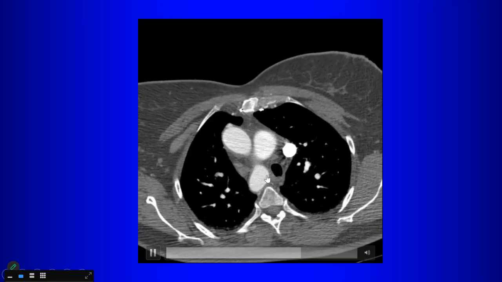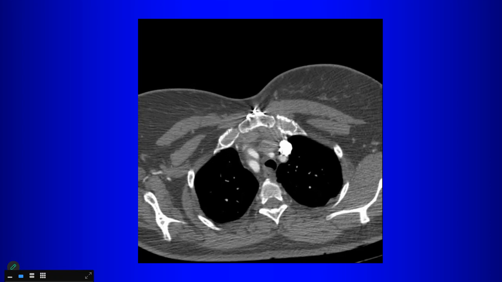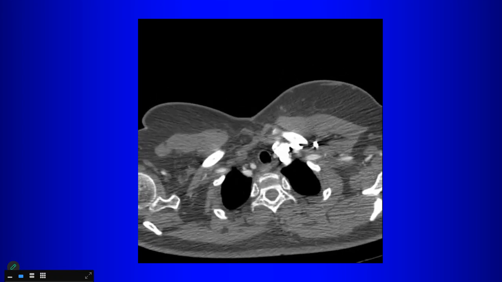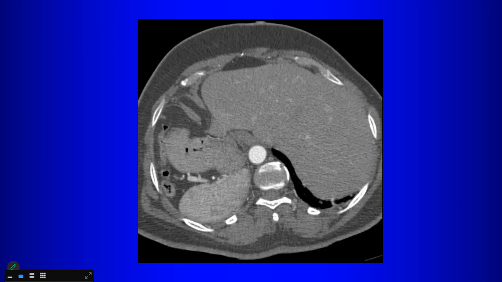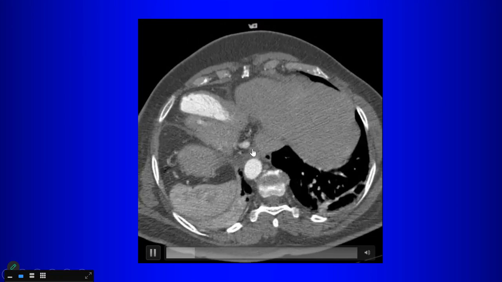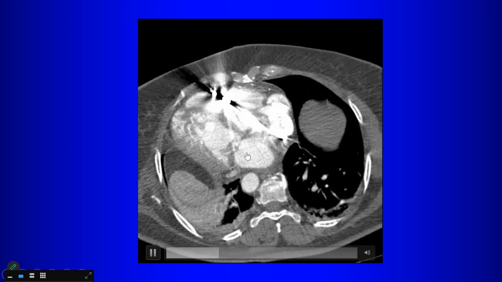So that morphologic left atrium, what kind of ventricle is that connected to? Let's see if we can figure that out. So we'll go through this again. So here's our morphologic left atrium.